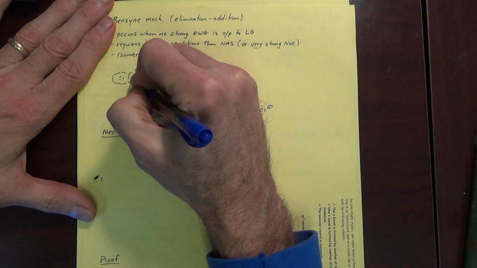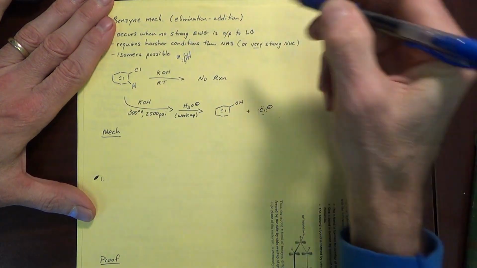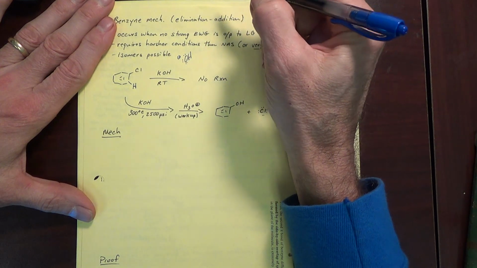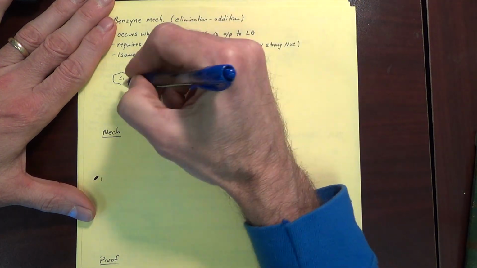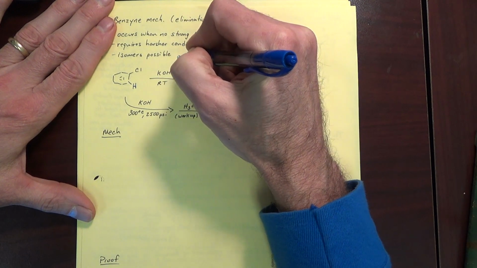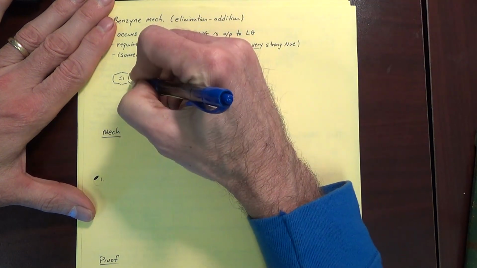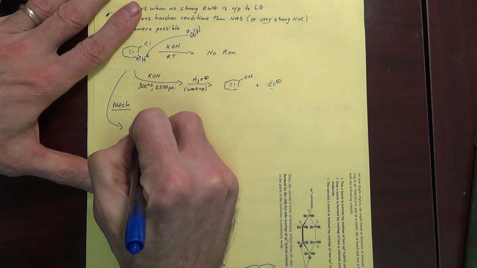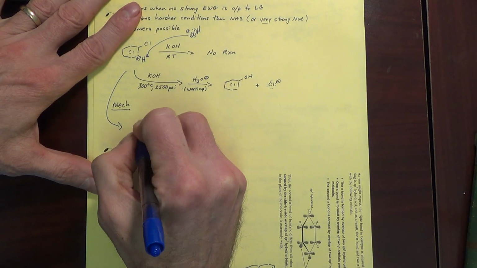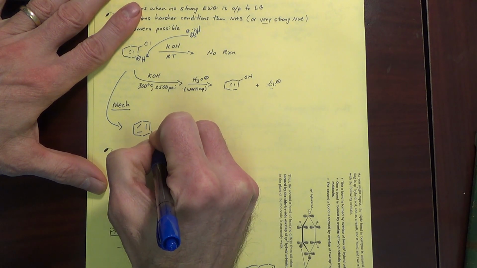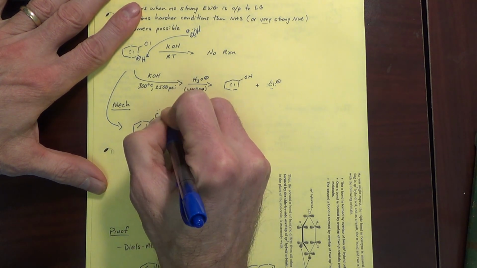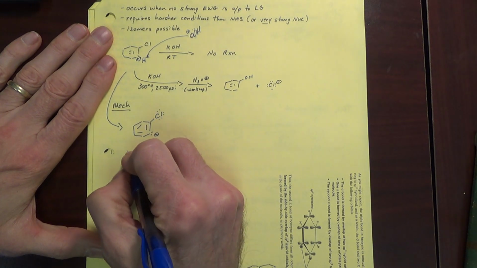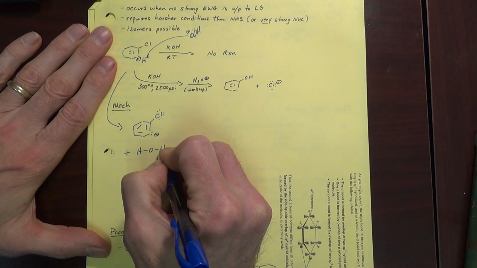Well, it turns out that the first step involves the nucleophile acting as a base and taking the adjacent H. These electrons bond to H, these electrons stay behind, and we would get that anion, a carbanion, plus water here in this case.